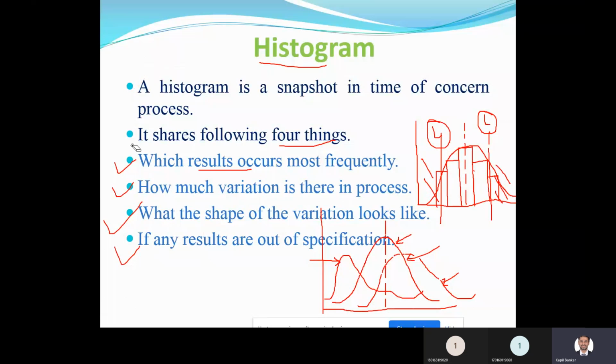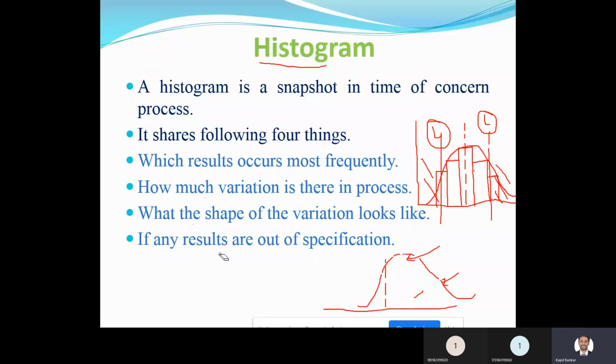From this histogram, you can get this information: the most frequent results, and how much variation there is in the process. From the shape you can decide whether your data is normally distributed or not.